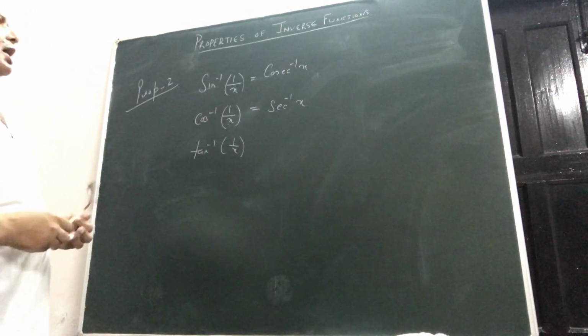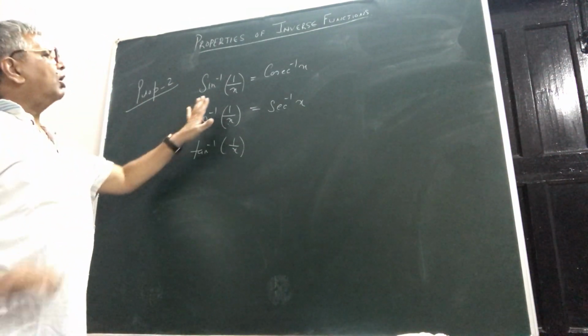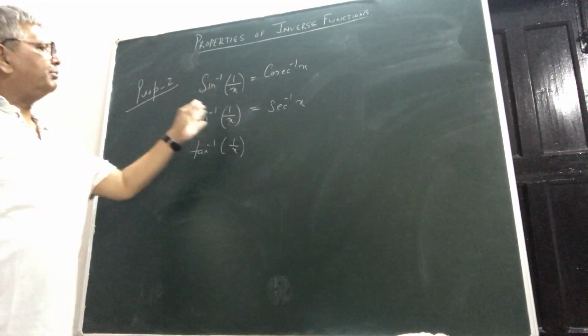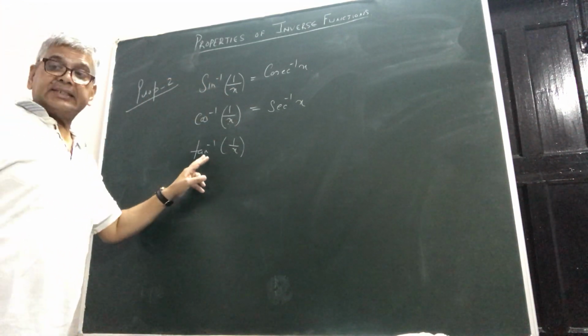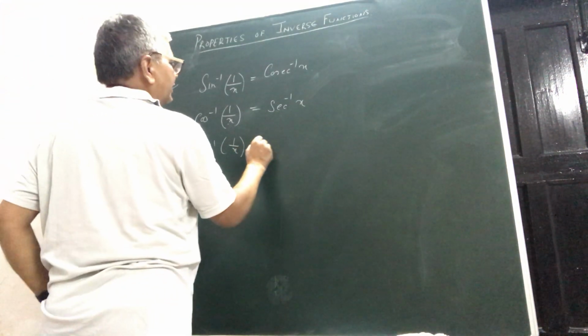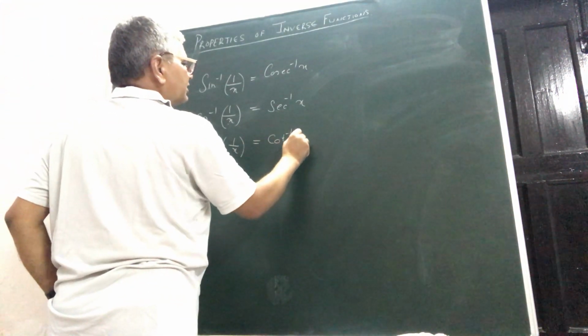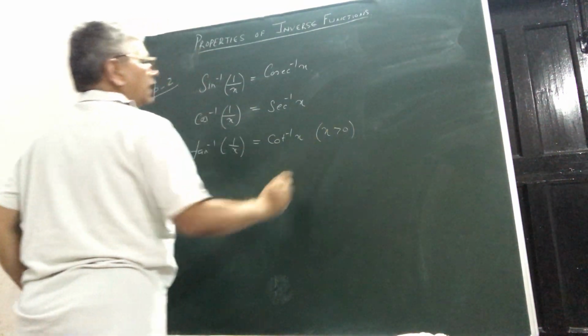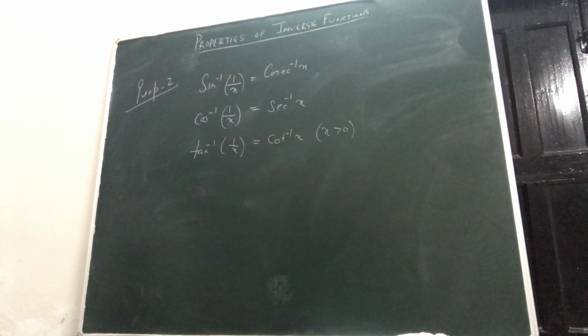Now please see here, all these are well within their principal branches. In this, tan inverse 1 upon x will be equal to cot inverse x, provided x is greater than 0.